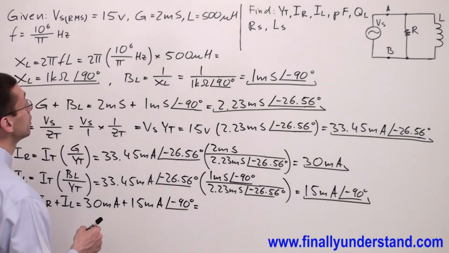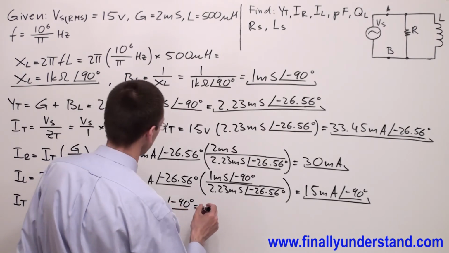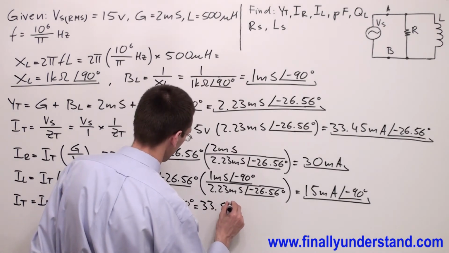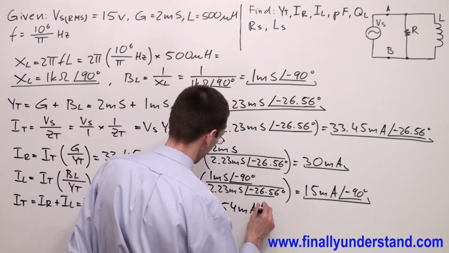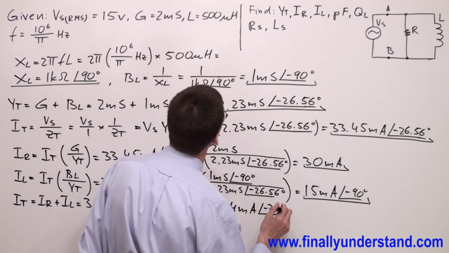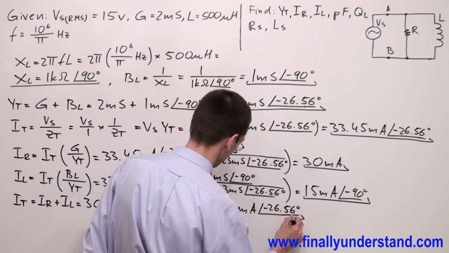Use the calculator and you're supposed to obtain the value of 33.54 milliamps and an angle of negative 26.56 degrees.